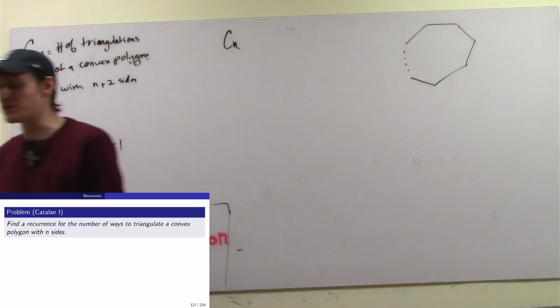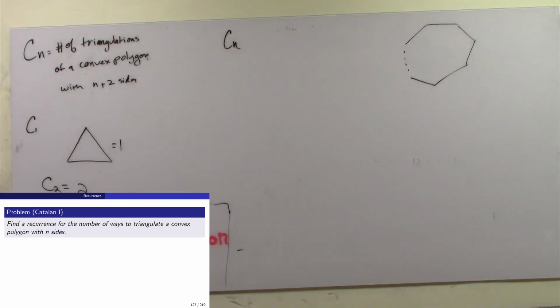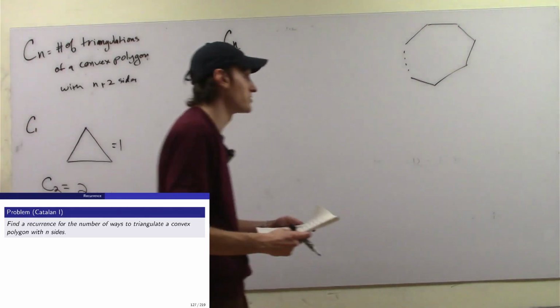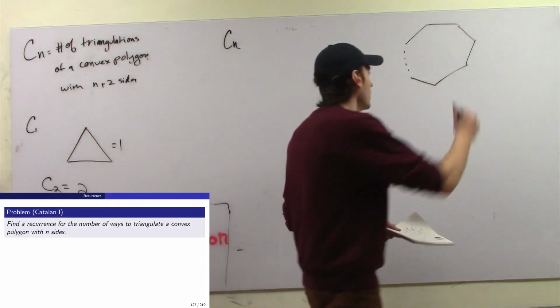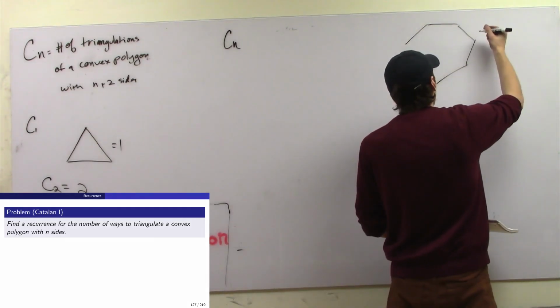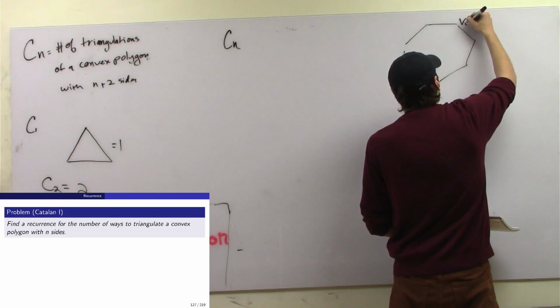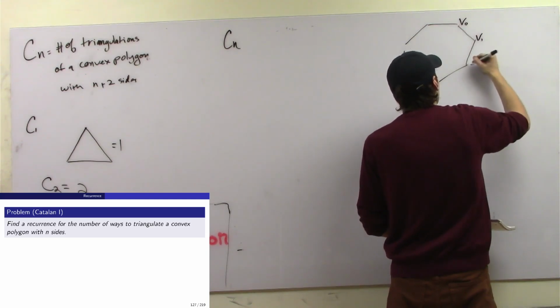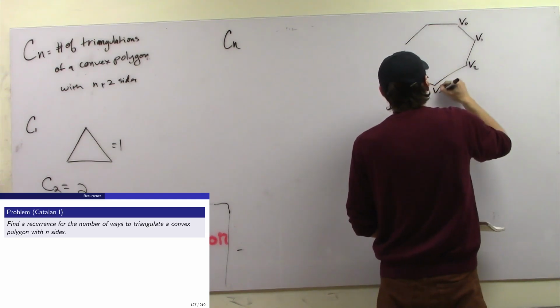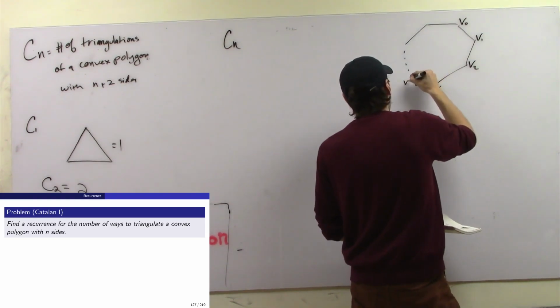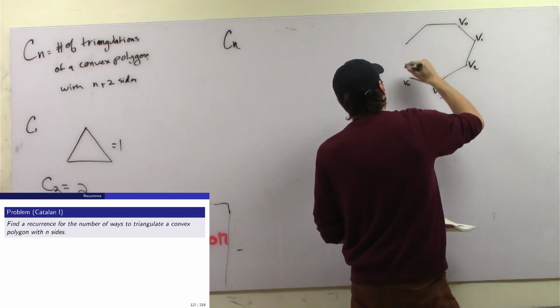I want to think about the vertices being in order. If it has n plus 2 sides, it'll have n plus 2 vertices. So I just want to go around, maybe in clockwise fashion, and label them V0, V1, V2, V3, V4.